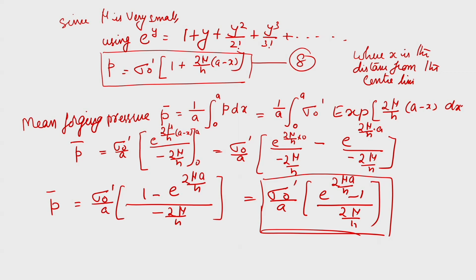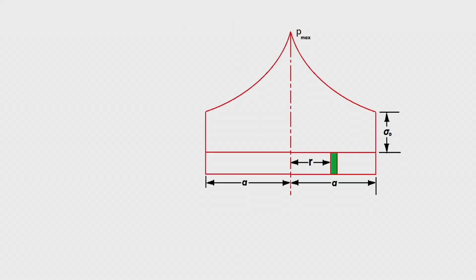So, we got the pressure distribution, and if you look at the variation of the pressure distribution, you will find that in this case the equation which we got, p is equal to sigma naught dash into exponential 2 mu by h into a minus x, the variation is like this. This is the variation of p.